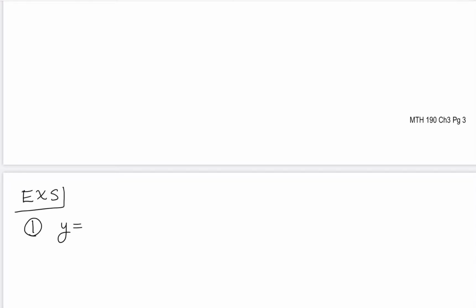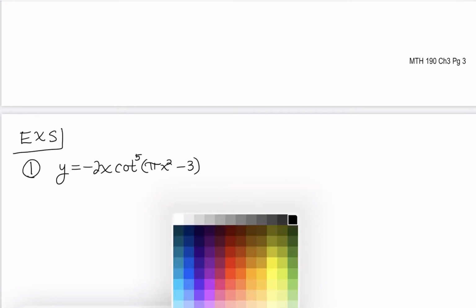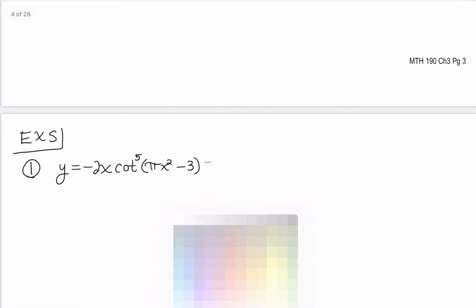y equals negative 2x cotangent to the fifth of pi x squared minus 3. So wowza, we have a lot to consider here. So the first thing I want us to think about is what is this outermost structure that we have here? And first and foremost, let's always rewrite those trig functions with what they really mean.